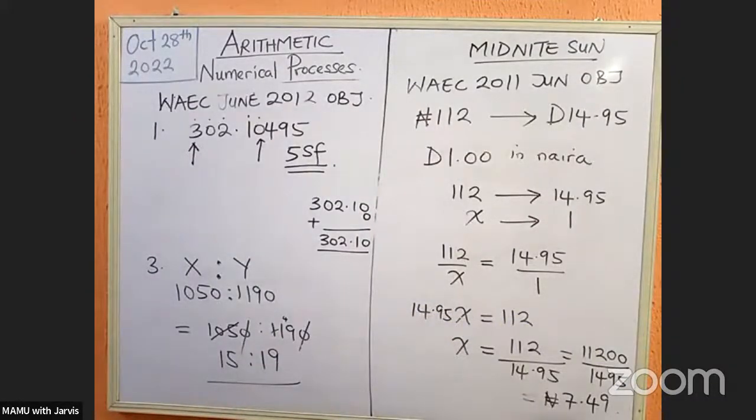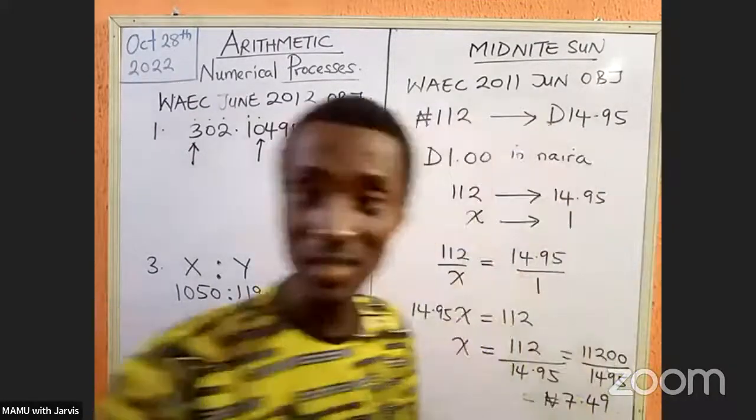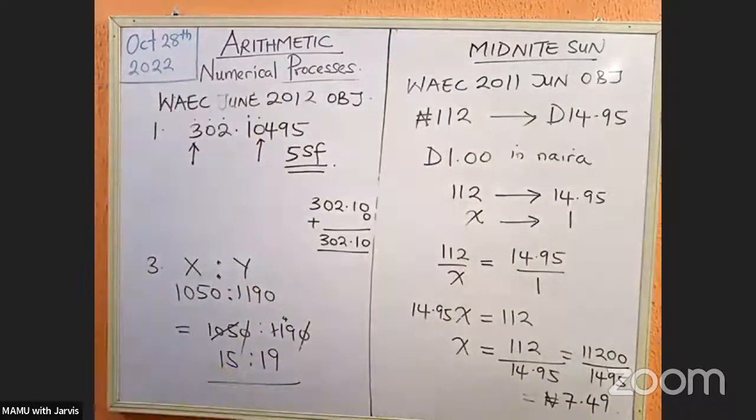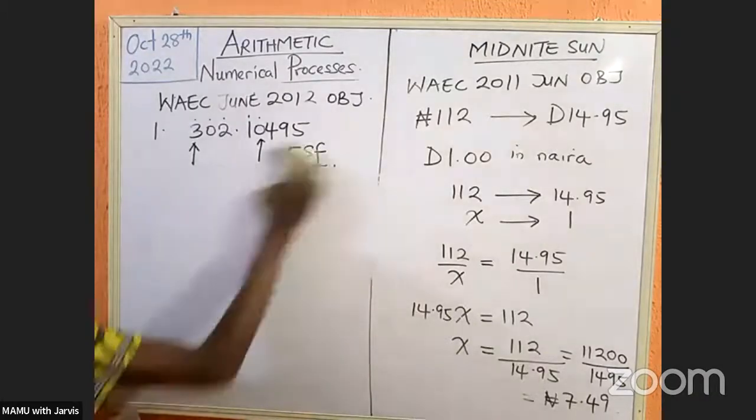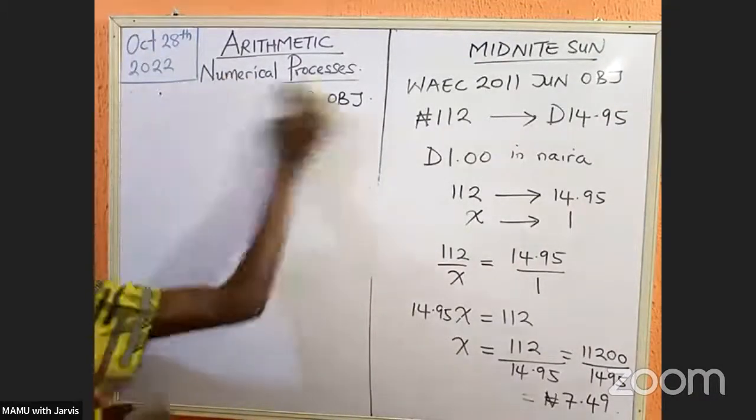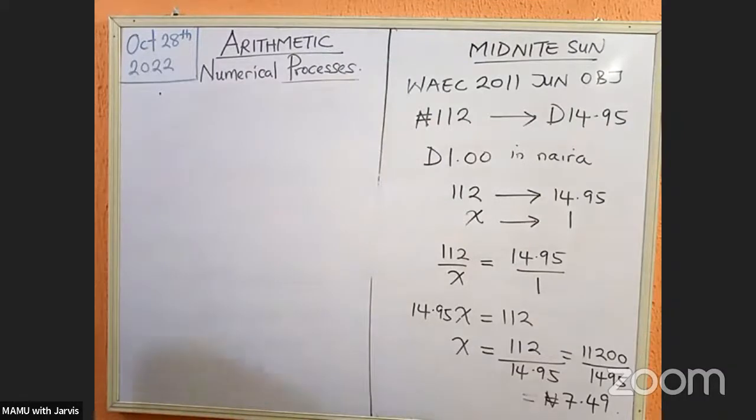So I'm trusting that after this class, anytime you see standard form, decimal places, ratio, and the likes, you can't fail it. It will be a walkover for you.